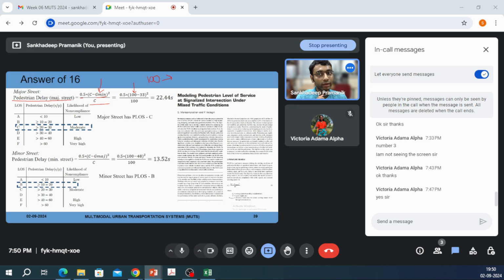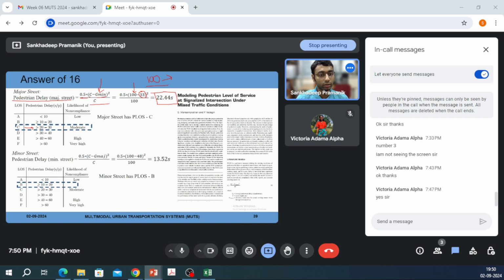So 0.5 into the total signal length, that is C, 100 seconds, minus G of the minor road, that is 33 seconds. So that is basically the time they have to stand there and wait for the signal. So it will ultimately come as 22.44, which corresponds to level of service C.